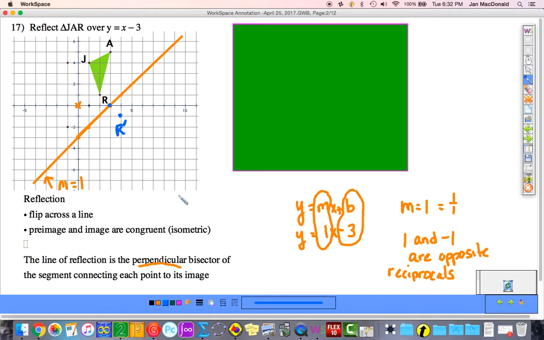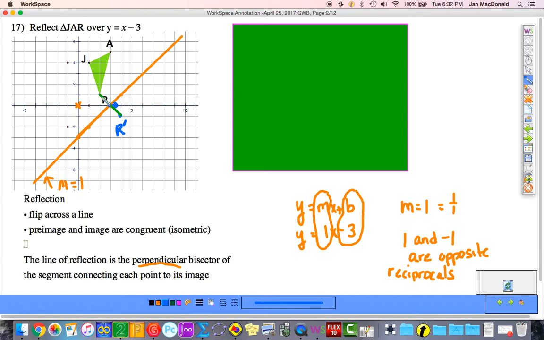Well, how did I know that? Let's take a look. The segment connecting R to R prime is in fact at a right angle. You could take a protractor and measure this right here. This is clearly 90 degrees. It's at a right angle to my line of reflection. My line of reflection also bisects this segment connecting R to R prime.